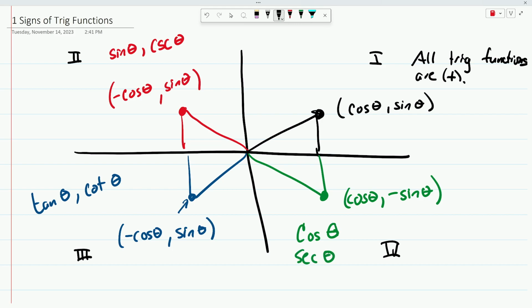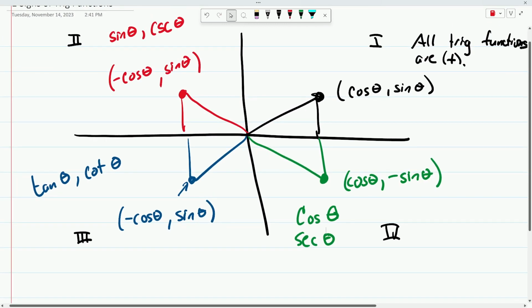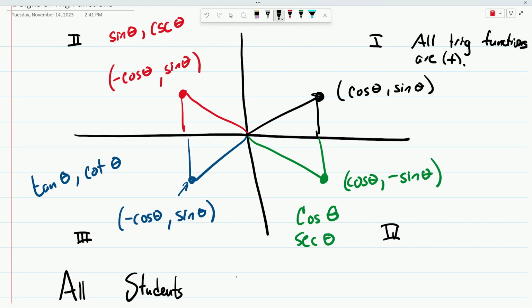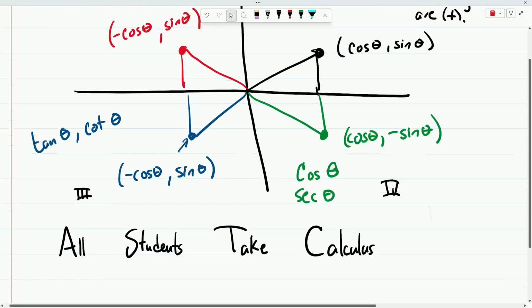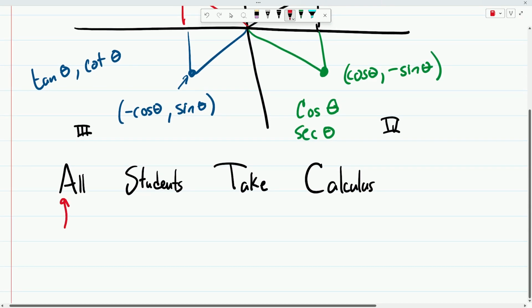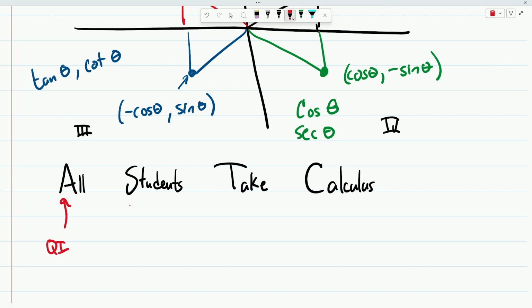So the way to remember this would be: All Students Take Calculus. Meaning, in quadrant 1, all your trig functions are positive.